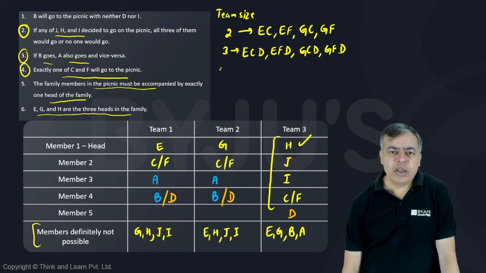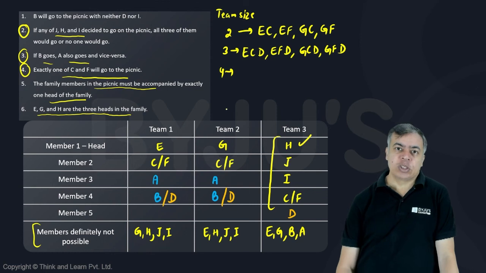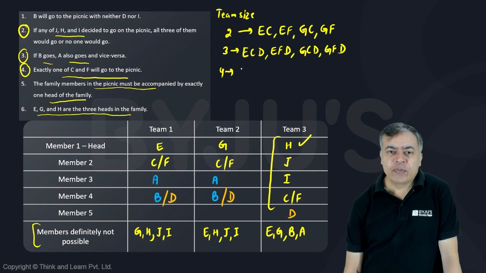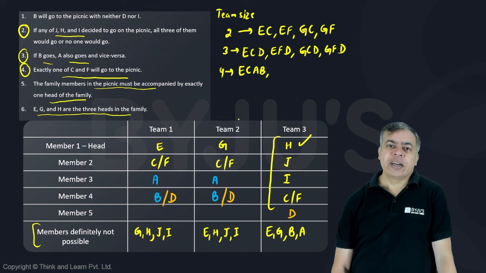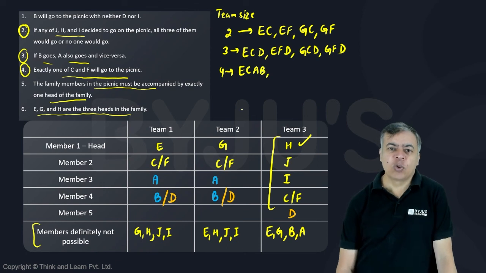Now if you go for team size 4, first it can be E, C, A, B, because now you won't take D, because team size 4.